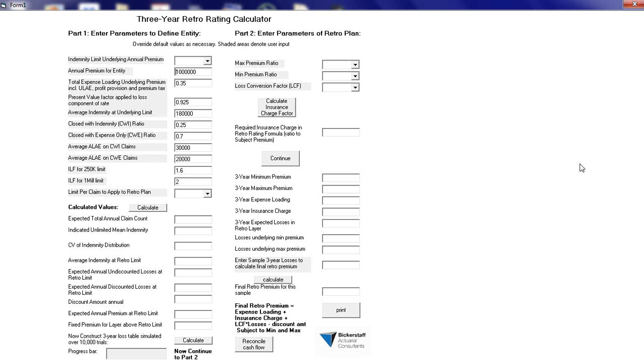For example, some of the variables that come into play are the size of the risk itself, how much premium this entity will generate, and what layer of liability the entity wishes to retro rate. In other words, do they want to use the first 100,000 of any claim, or first 200 and so forth?